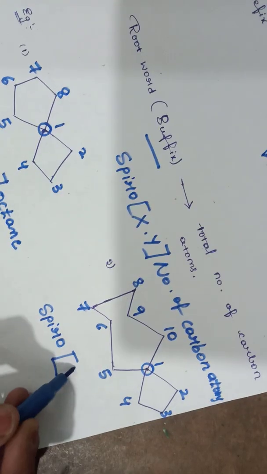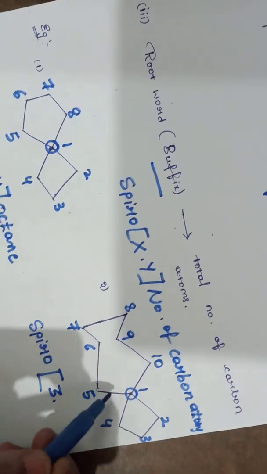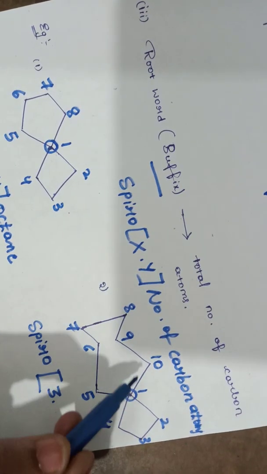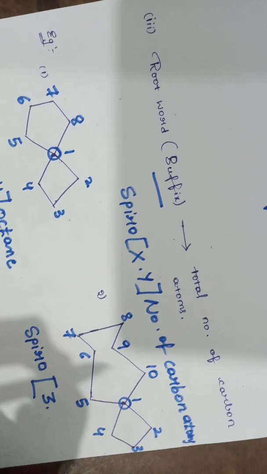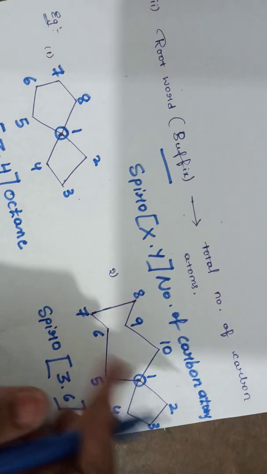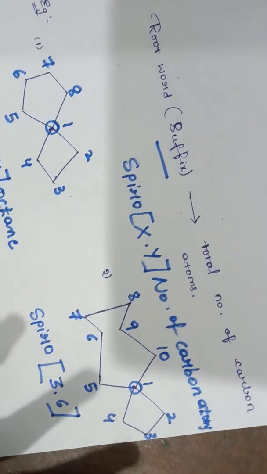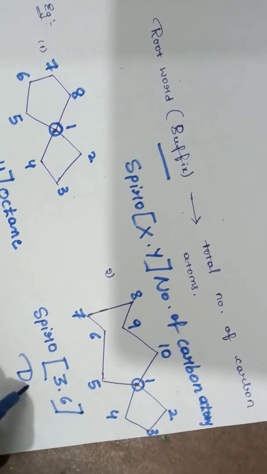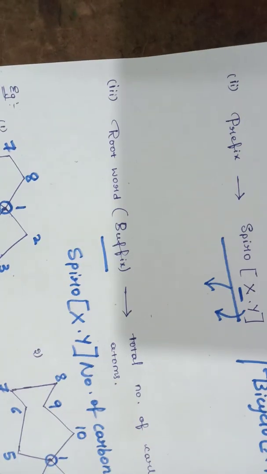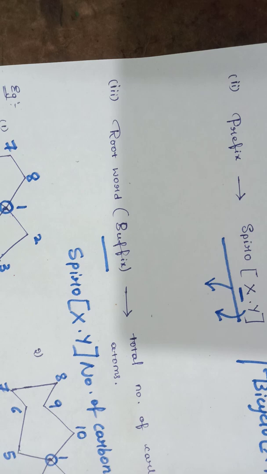Shortest string, that is 3. Here other than this bridgehead carbon, the number of carbons in the largest string, so here we are having 6. Okay, 3, 6. Total number of carbons is 10 as there is no alkene or alkyne. So decane. So from this I think it is definitely helpful for you for the naming of bicyclo and spiro compounds. Thank you.